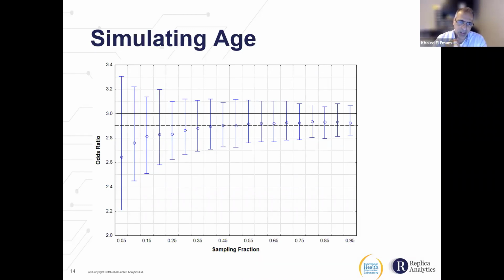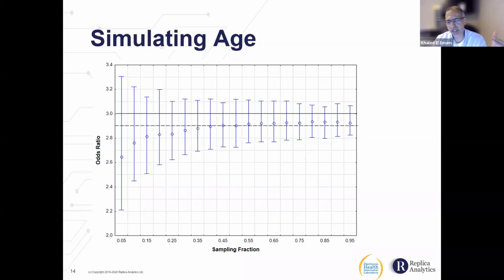The horizontal line at 3 shows the odds ratio in the real data, and the dashed line below it at 2.9 shows the odds ratio from the full synthetic data that we saw before. As you can see, at around a subsample of 20 to 25% or so, we are getting quite close to the real value. At that point we're about 2.85 with the odds ratio, and it then hovers, it plateaus at that point, basically.